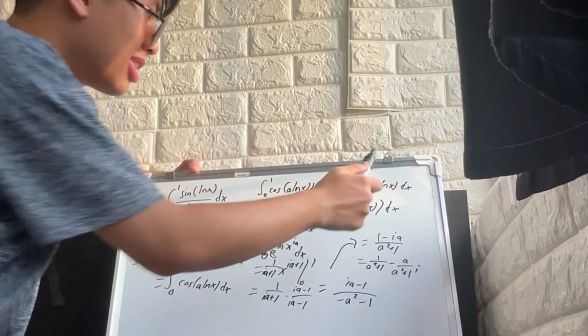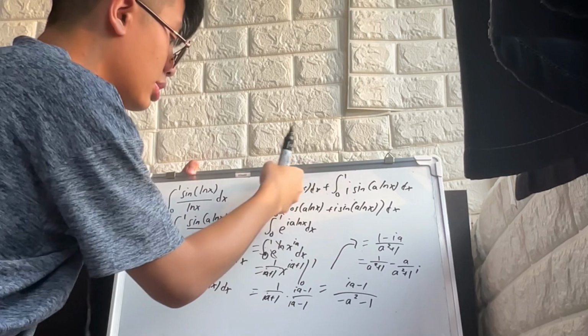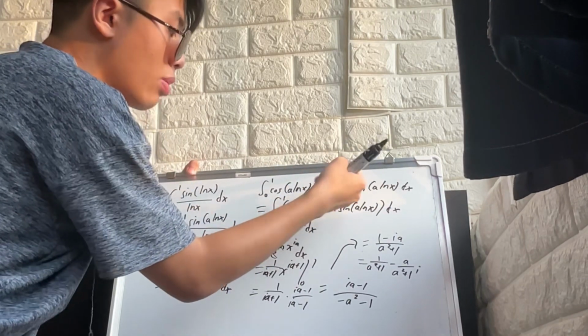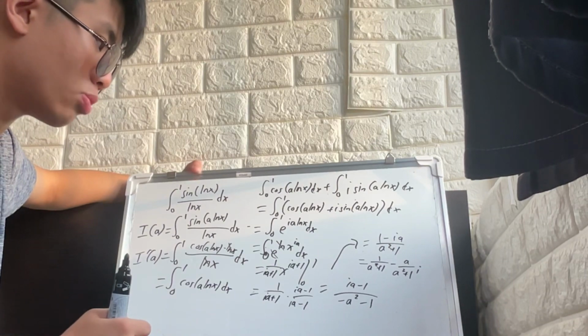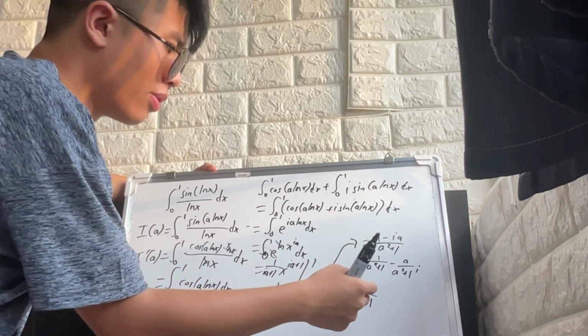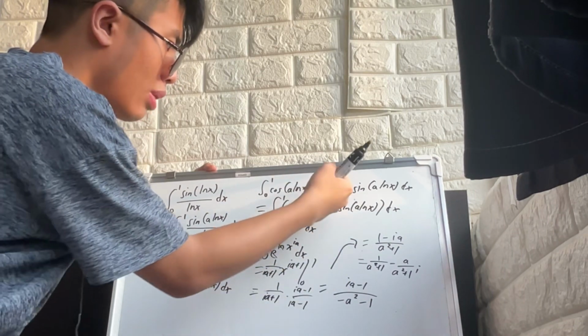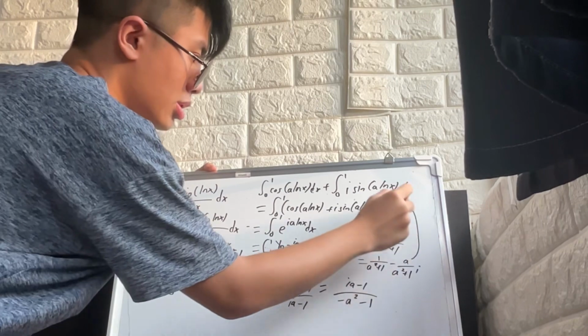Look at this integral. Just consider this integral and this integral without the i. Both of them are going to be real, so the answer is real. So i times a real number is the answer to this, right?